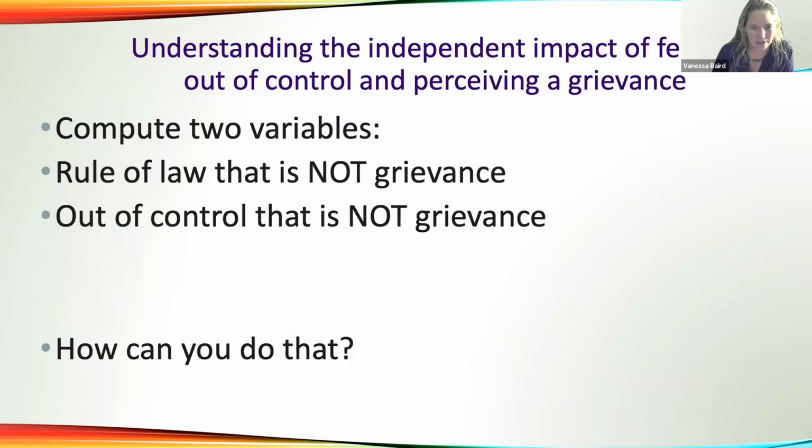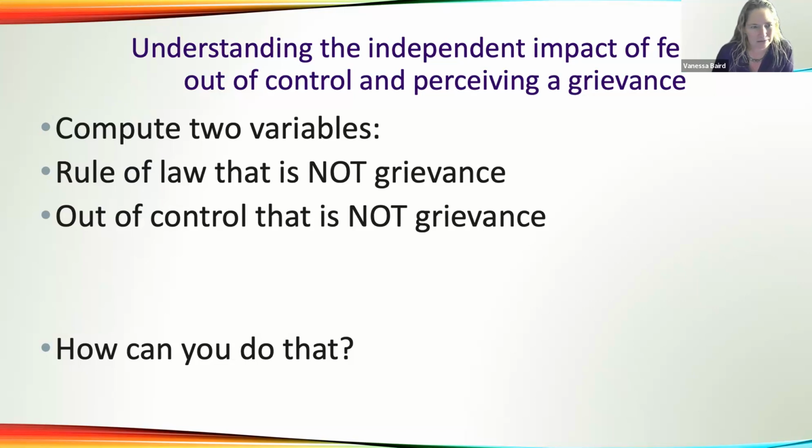So here's what I do to understand the independent impact of feeling out of control. I create two variables: a rule of law variable that is not a function of grievance, and an out of control variable that is not a function of grievance. How do I do that? And I don't mean give me the code.